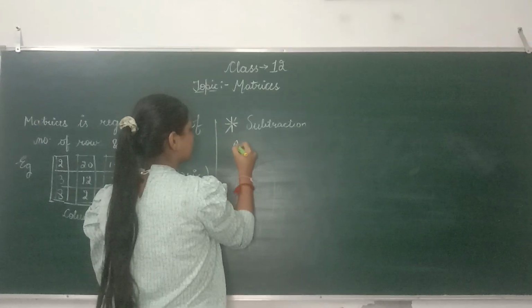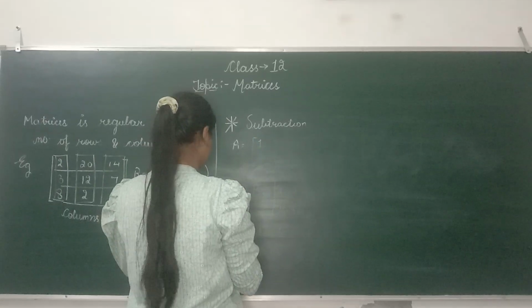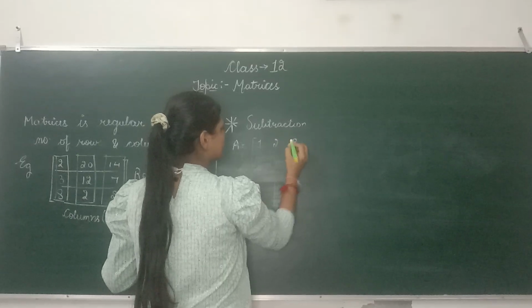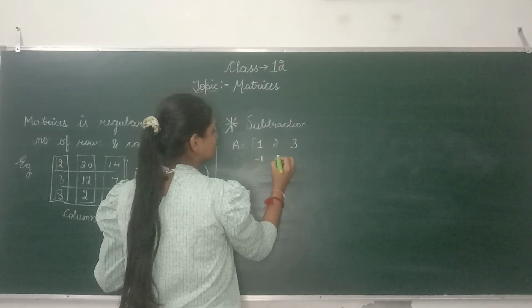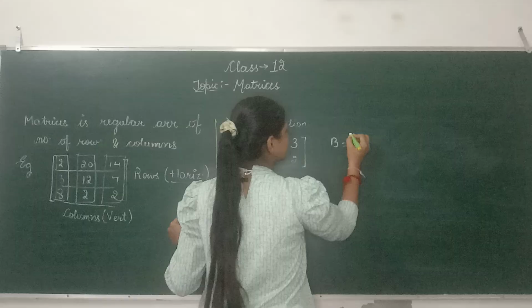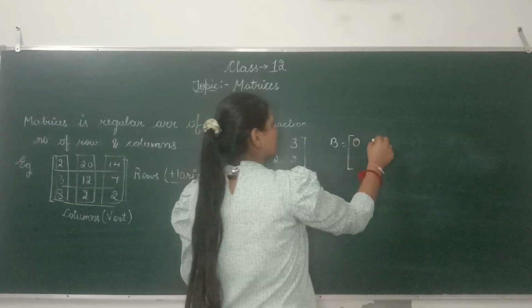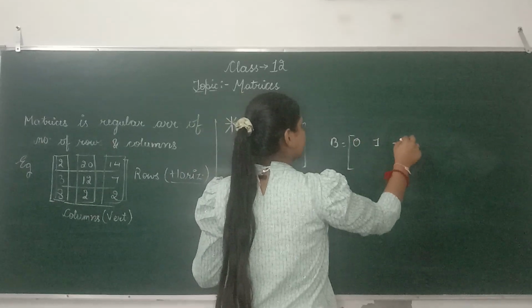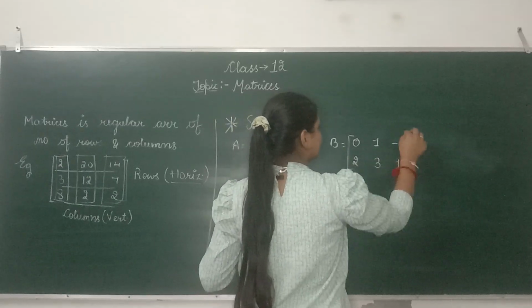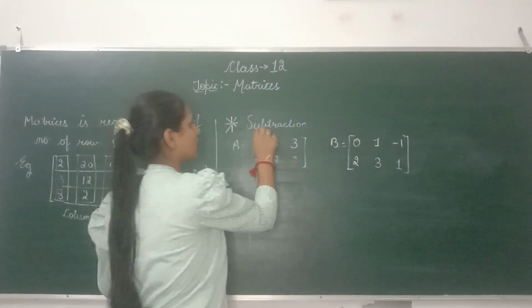If the A matrix is given to be, I am taking an example, 1, 2, 3, minus 1, 2, 2, and the B matrix is given to be 0, 1, minus 1, 2, 3, and 1.